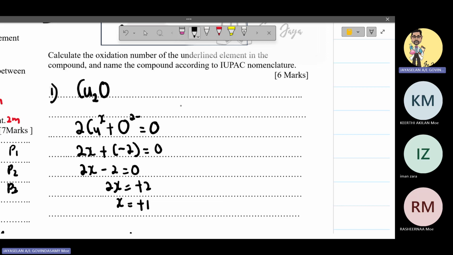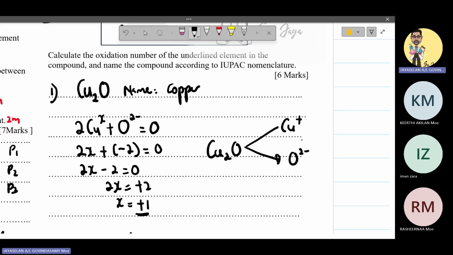Okay, then I go for the name. This is copper. In Cu2O, the copper ion is 1 positive. Oxide ion is O2 negative.